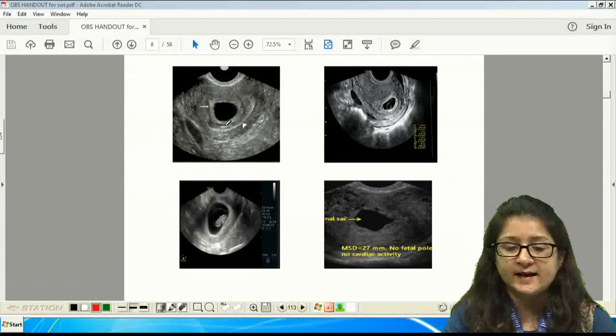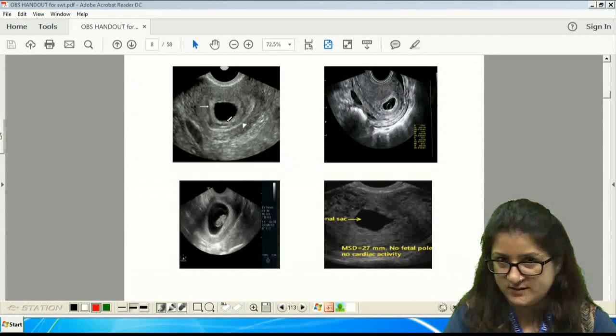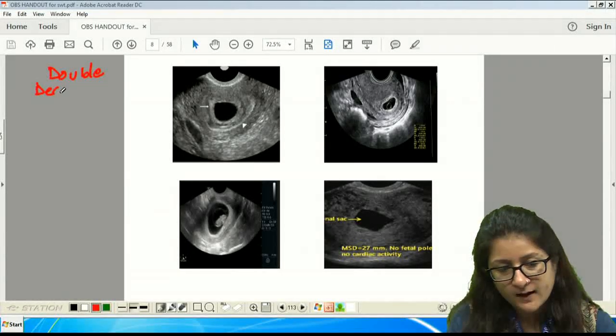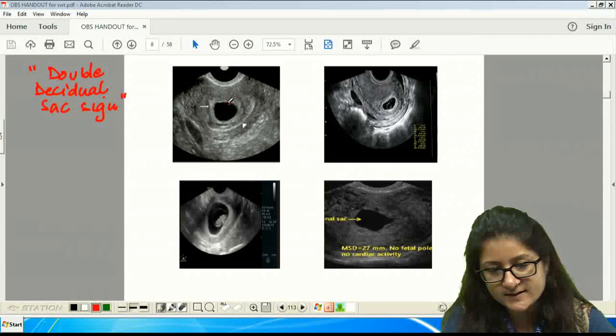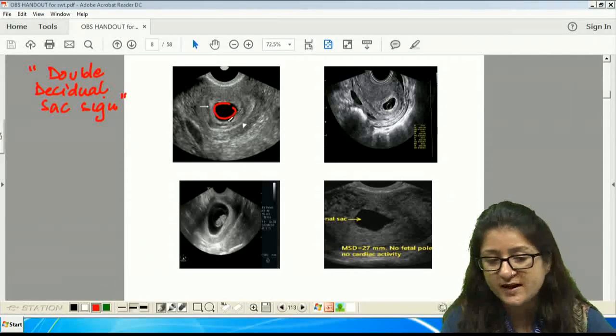This slide here is a true gestational sac. This is a true gestational sac because it has the double decidual sac sign. This is the gestational sac, and two concentric white rings around it. There is a decidua capsularis and a decidua parietalis.